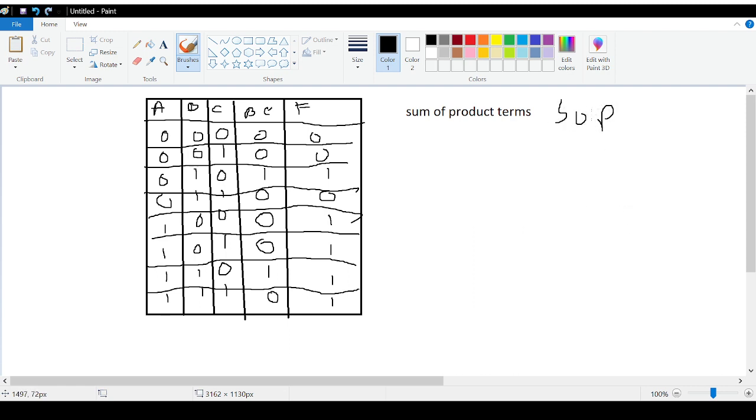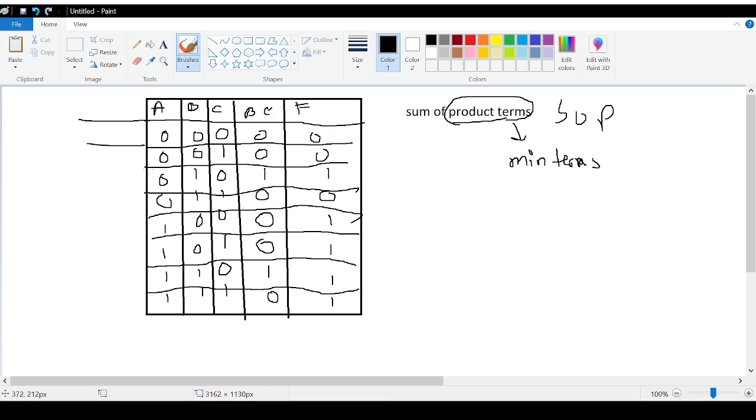So I need to find the equation as the sum of product terms. Now, when we do that, remember that there is a synonym for product term. Product terms are also called min terms.